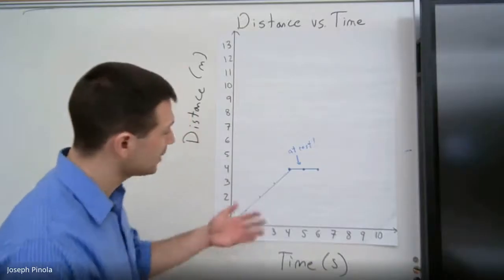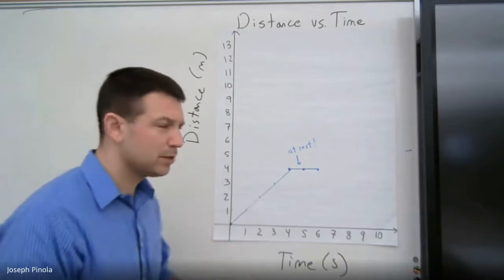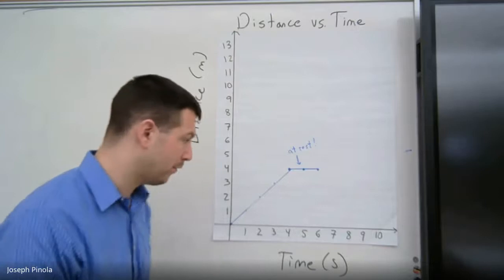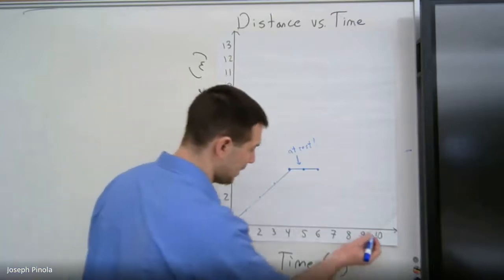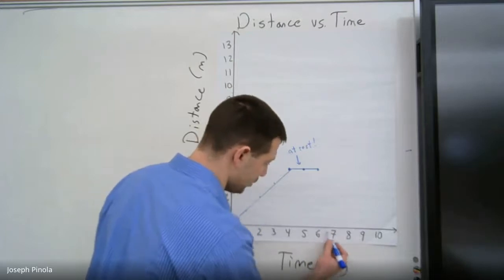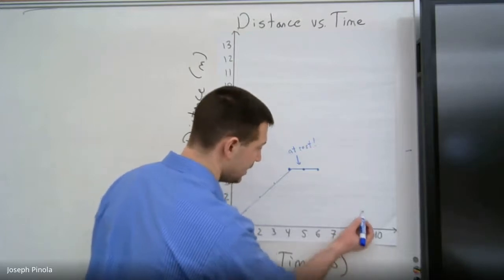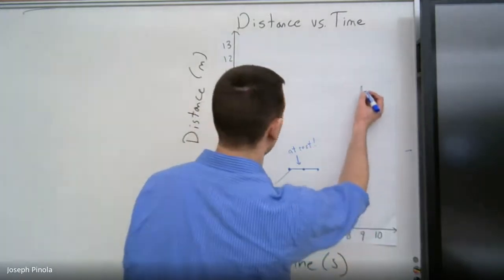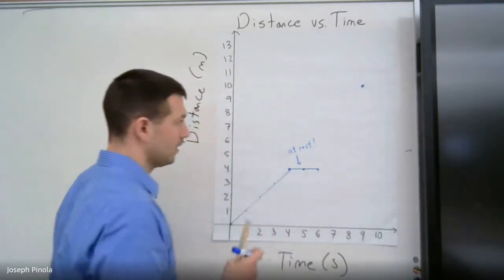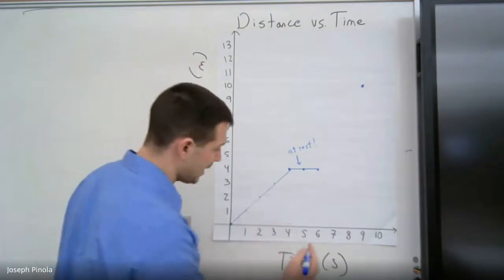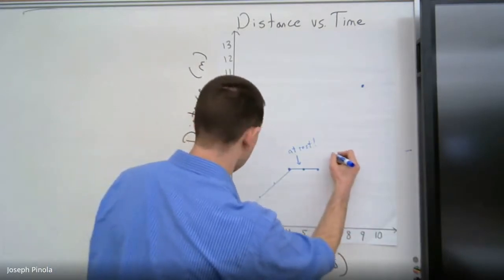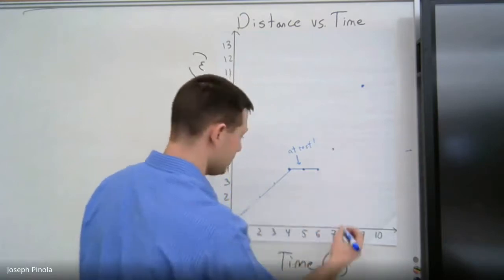In fact, for the last part of his motion, he continues to move at a constant speed, but a faster constant speed than before. And ultimately, after 3 more seconds, which would give us 9 seconds, he ends up at a position of 10 meters. We can break that down. After 7 seconds, he was at a position of 6 meters.